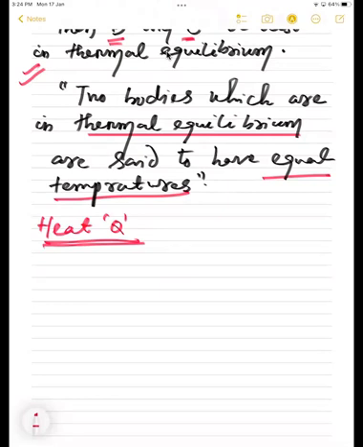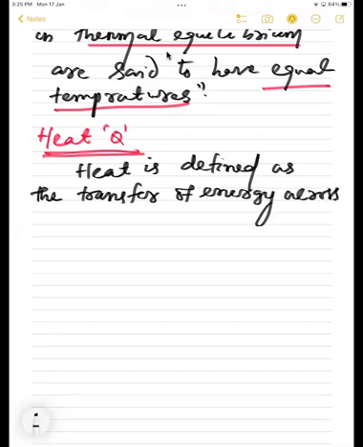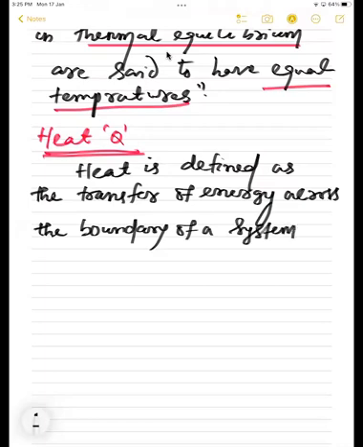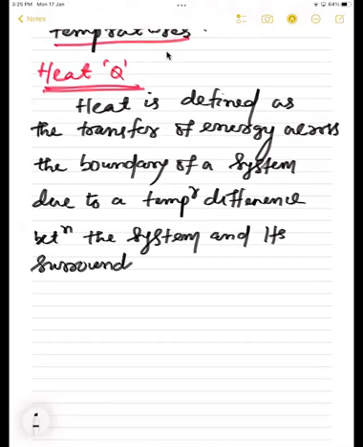Heat is defined as the transfer of energy across the boundary of a system due to a temperature difference between the system and its surroundings. It is a microscopic quantity.